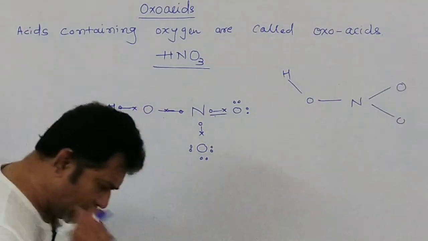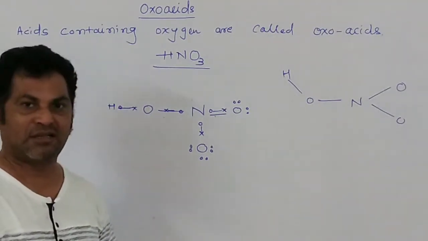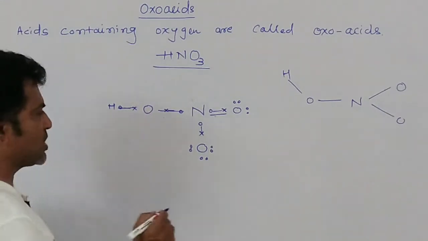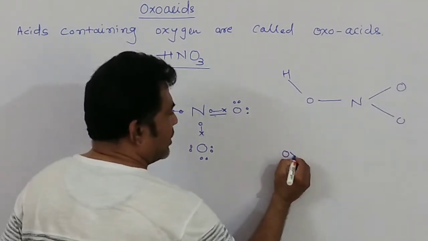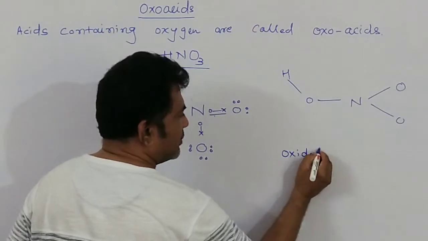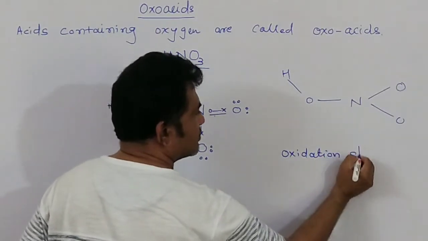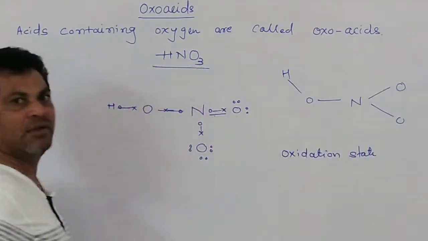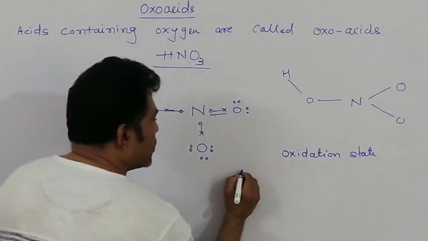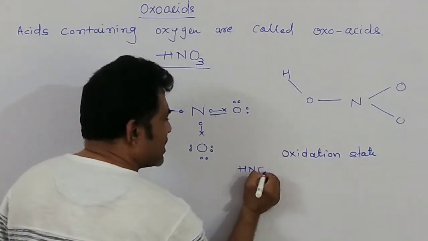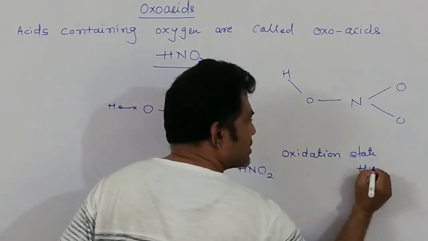Okay? Now nomenclature. Nomenclature ની અંદર પહેલા આપણે જઈશું oxidation state according. Oxidation state. Okay, so I am showing you 2 examples. One is HNO2 and another one is HNO3.